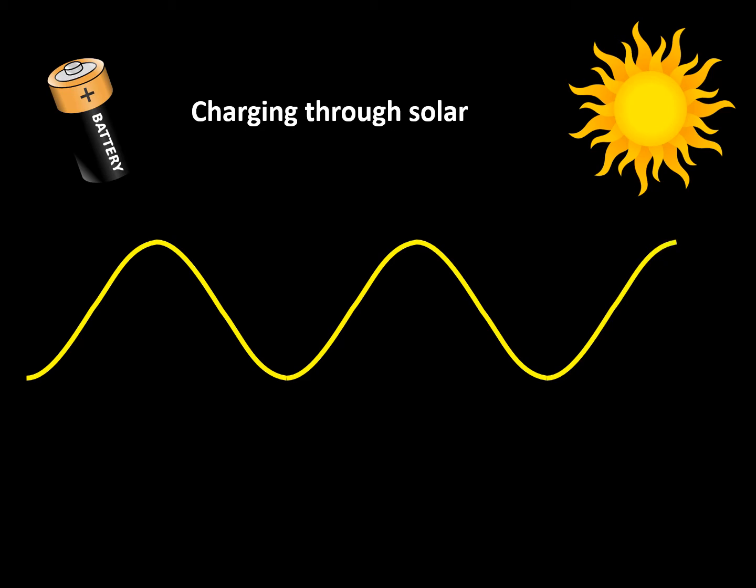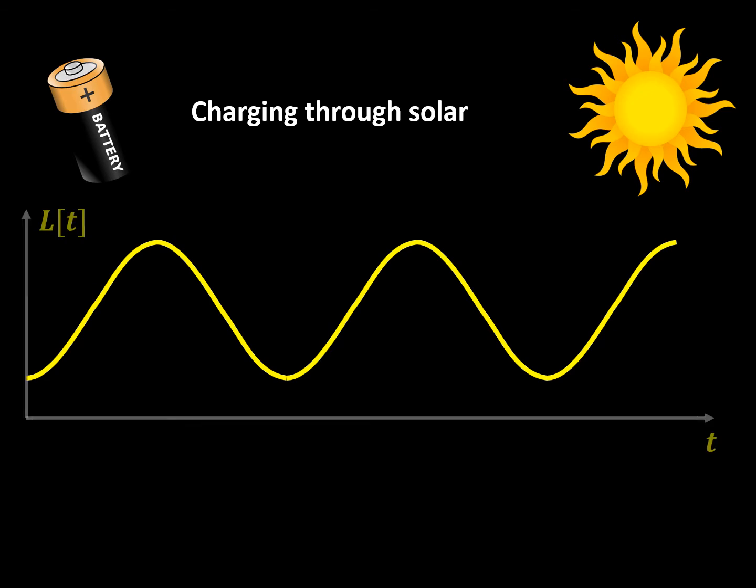Now we can also represent this energy through a forcing function which we will call L, and this represents the luminosity that is reaching the solar panel.